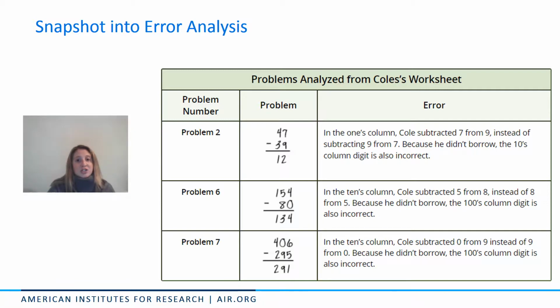If Cole is a student above grade 3, he is going to need intervention in place value and regrouping in addition to supports and scaffolds within the classroom whenever students are applying the subtraction algorithm until he can accurately regroup and apply the standard algorithm or an accurate, efficient strategy.